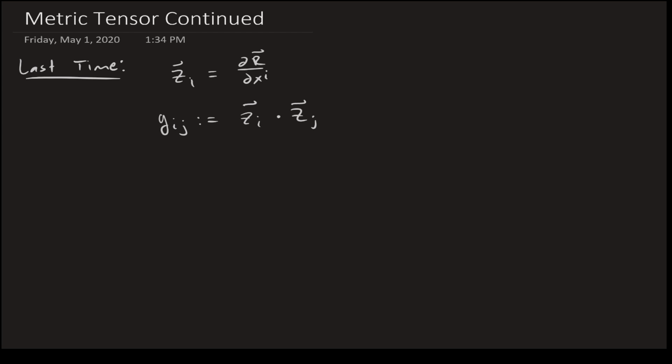That was our definition of the metric tensor. The metric tensor allows us to calculate arc length, and so it's the square root of g_ij dx^i/dt dx^j/dt.